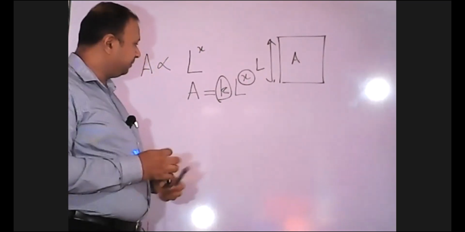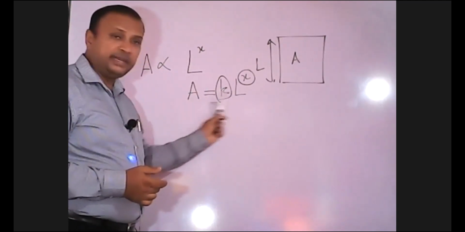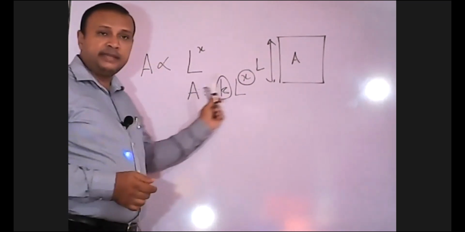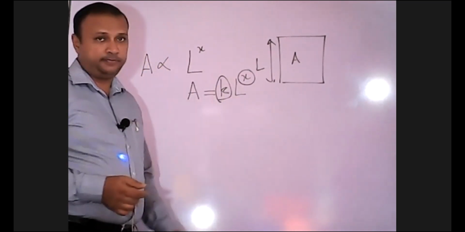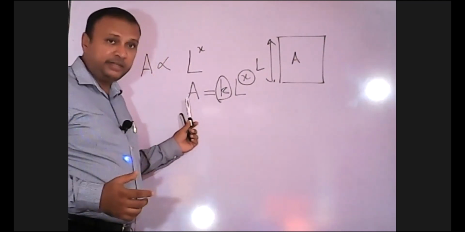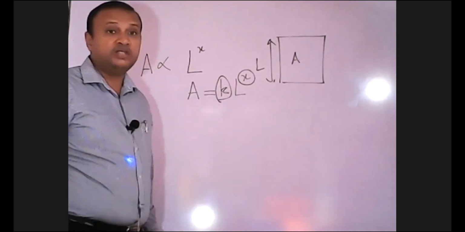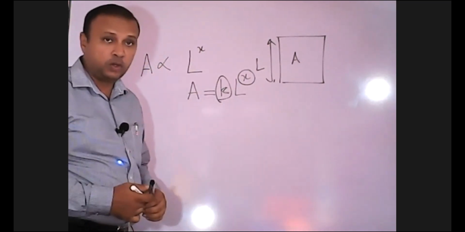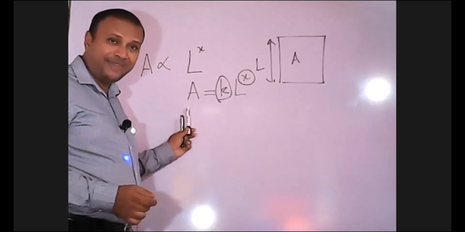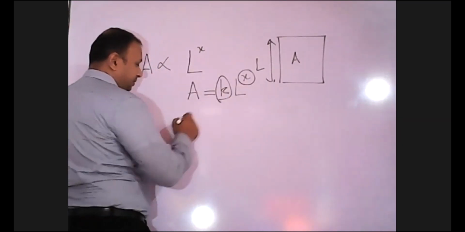I will explain that again. If this is an equation, the physical quantity on the left hand side should be equal to the physical quantity on the right hand side. So the dimension of LHS should be equal to the dimension of RHS.